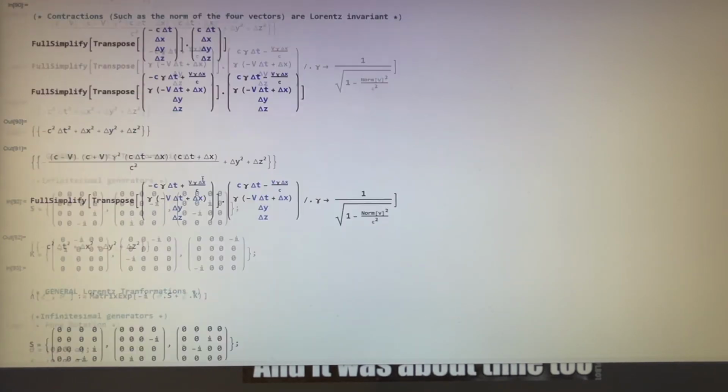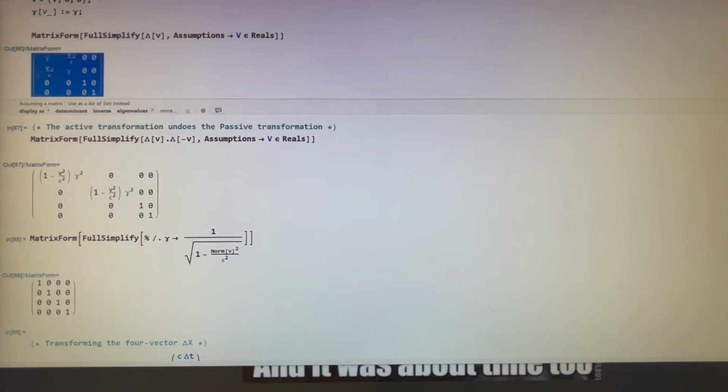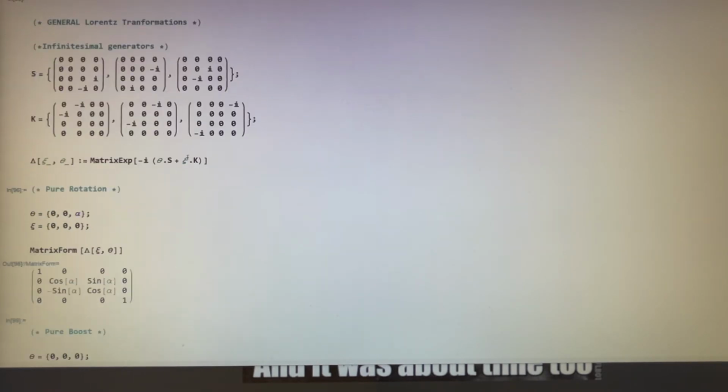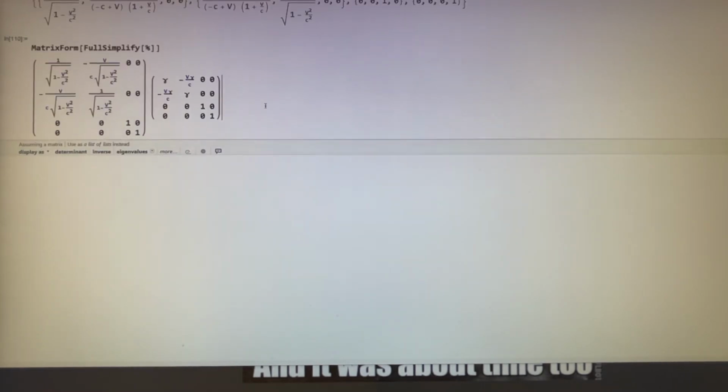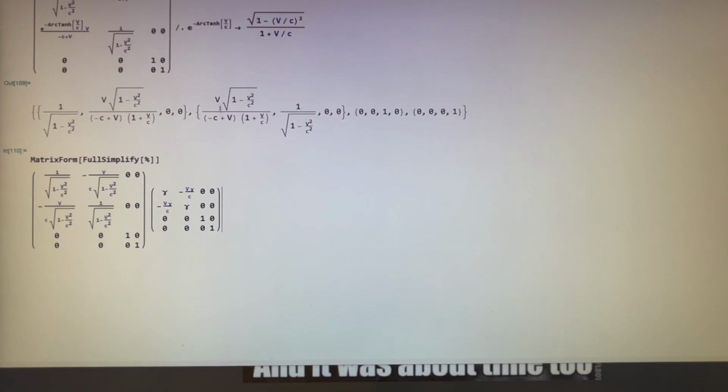Now let's go back to the original expression that we had, and let's compare. And indeed, if you check, you see that this is exactly the gamma factor. This is minus v gamma divided by c. You see, it's the same thing. This is the Lorentz factor, and you obtain minus v gamma divided by c as well, and here just gamma. So indeed, the two expressions are the same.